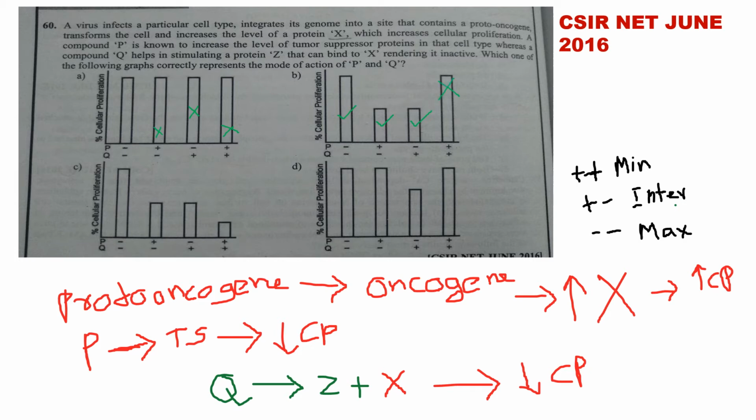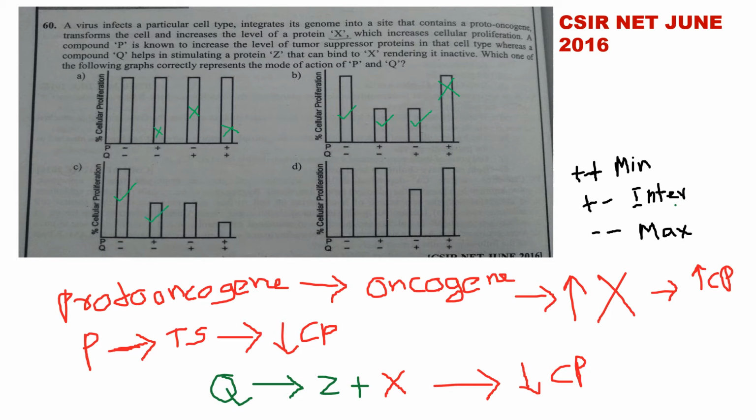Next, C. Here P is absent, Q is also absent. If both are absent, that means maximum proliferation. That is correct. And here one is present. P is present, Q is absent. That means 50%. That is correct.